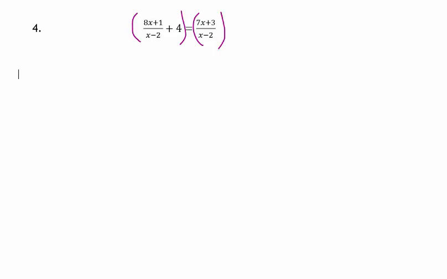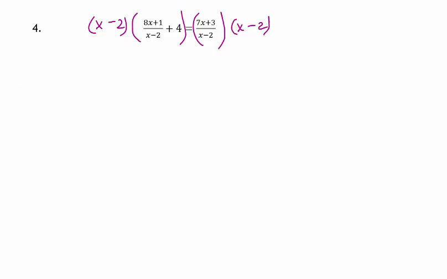And that would happen to be just whatever this denominator is, because it's common to both of those fractions. So x minus 2. And then once we multiply both sides by x minus 2, we're just going to try to simplify and see what we find.